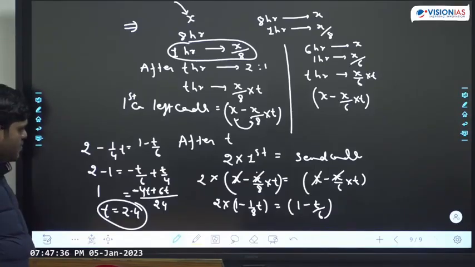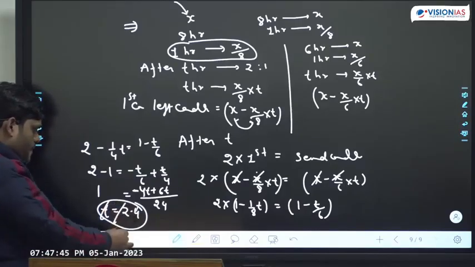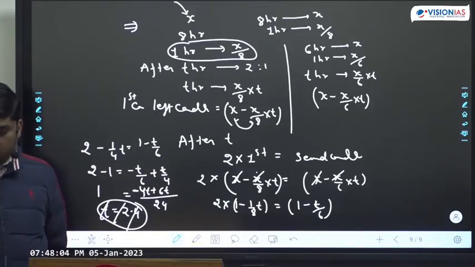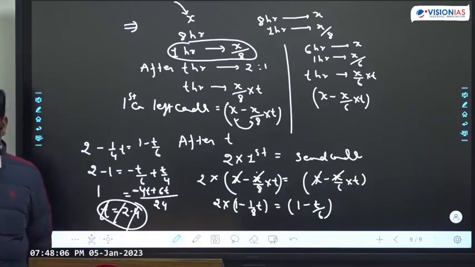So this 1 will come on this side, this will become 2 minus 1. This becomes t minus t by 6 plus t by 4. So 12 or 24, anything we can take. I already told the answer should be 12.